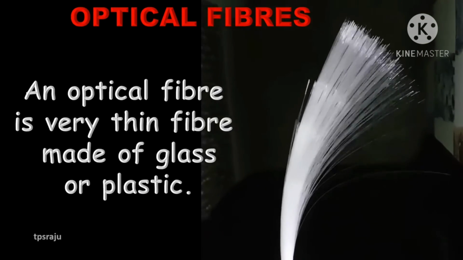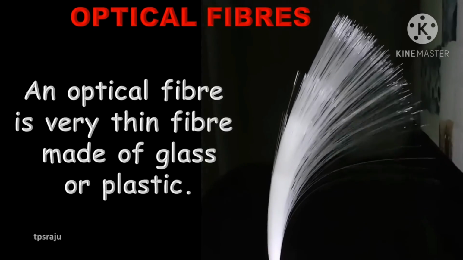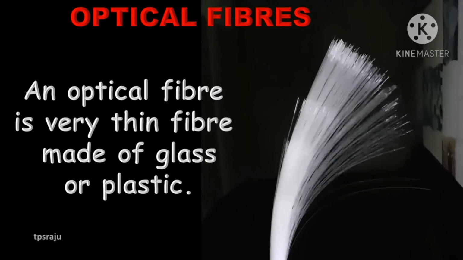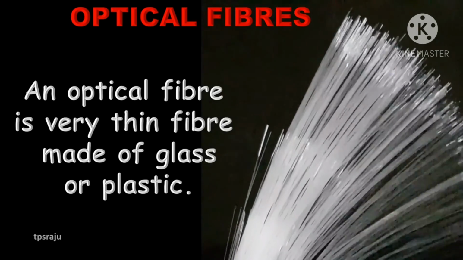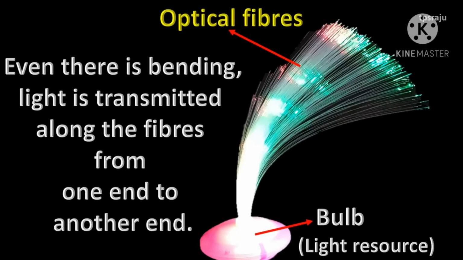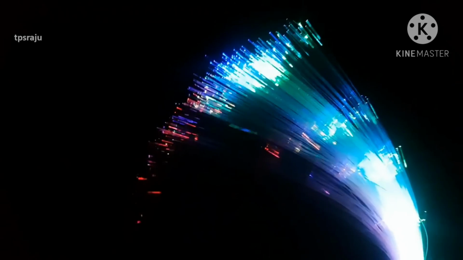An optical fiber is very thin fiber made of glass or plastic. There is bending, but light is transmitted along the fibers from one end to another end because of total internal reflection of light.